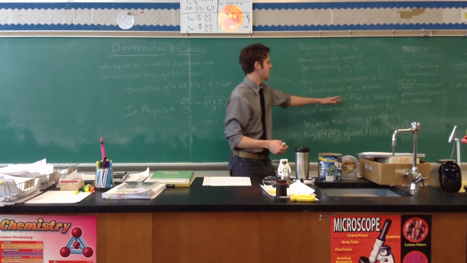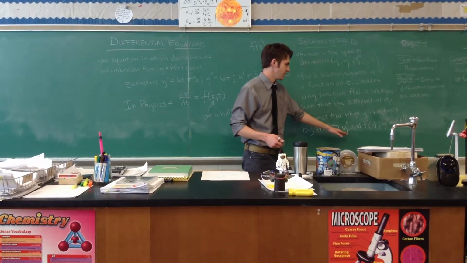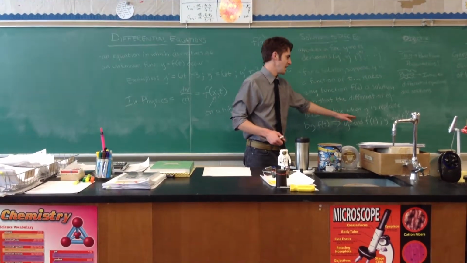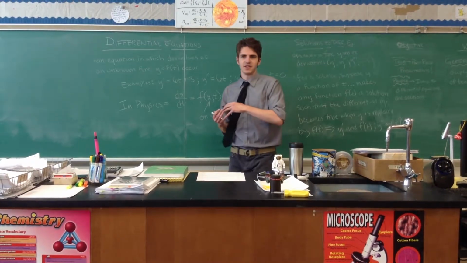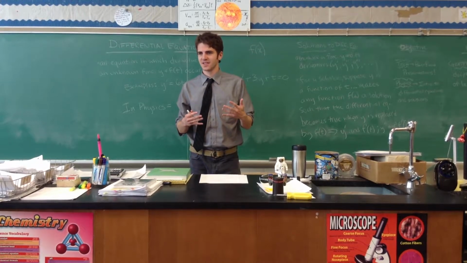So a solution in this case would be when you have a derivative of some function, and you have a known function, and when you take the derivative of that known function, you can substitute it in for y, and the equation still makes sense.